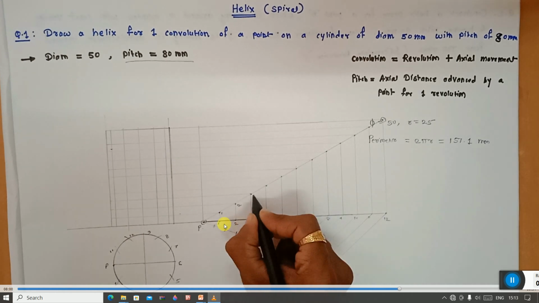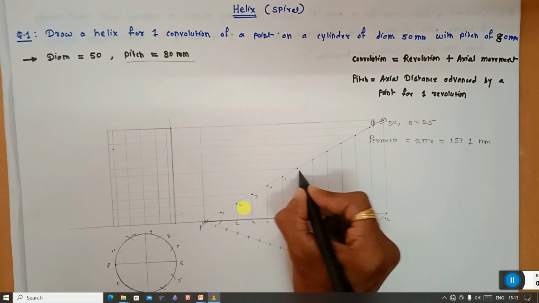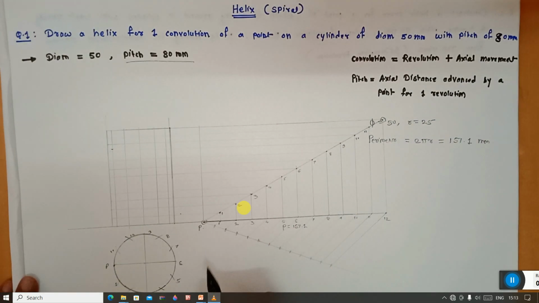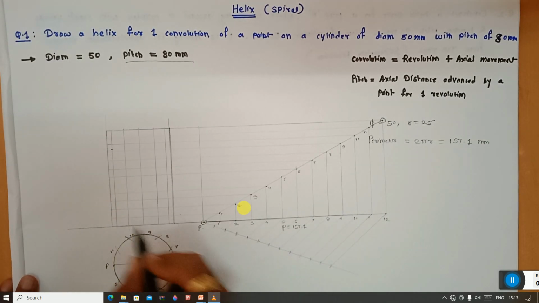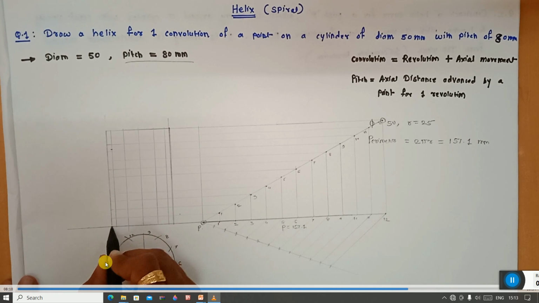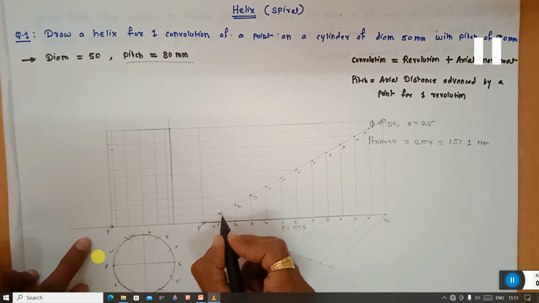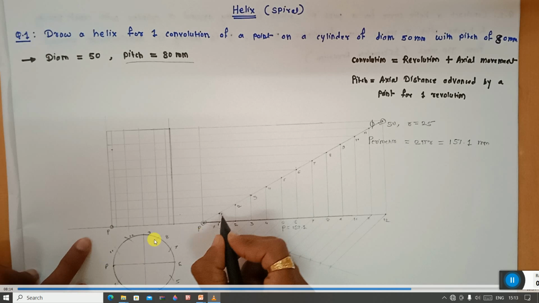Now name these points. So now we have to draw the helix curve on this cylinder. Okay, so this is the front view of that cylinder.